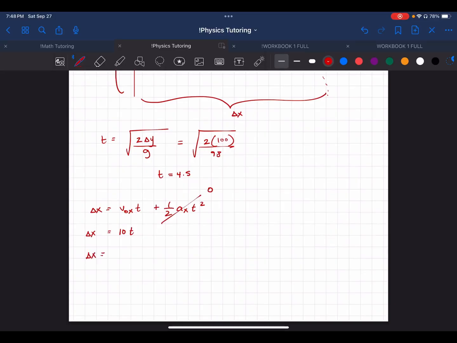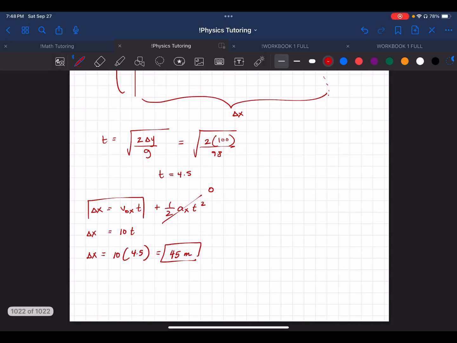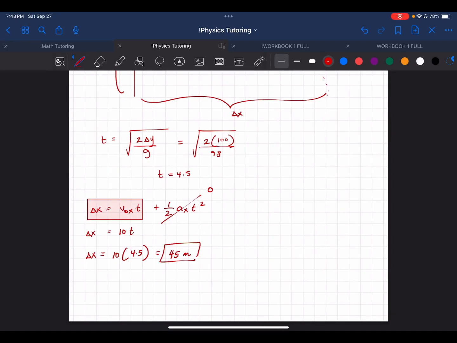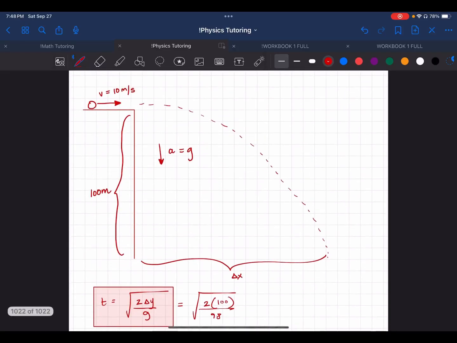If I know the time taken, which is 4.5, I can get a range, which is 45 meters. So this one is always true as well. For a horizontal problem like this, I think they call these horizontal projectile motion, since it only has a horizontal x velocity in the beginning.